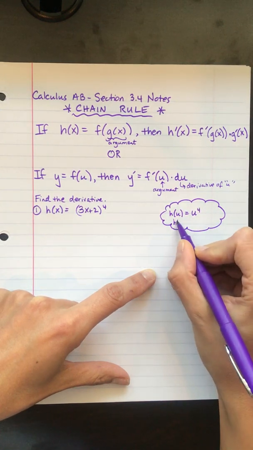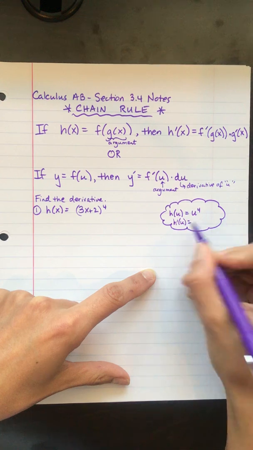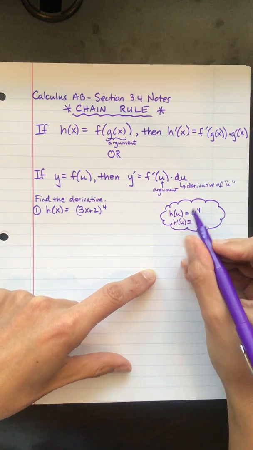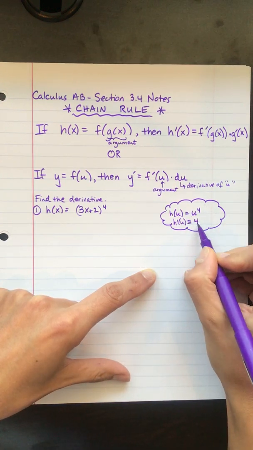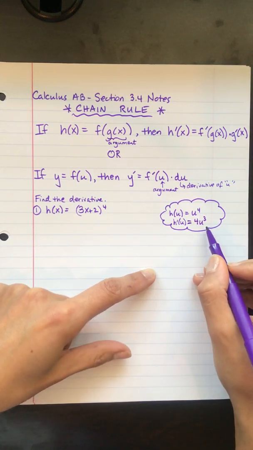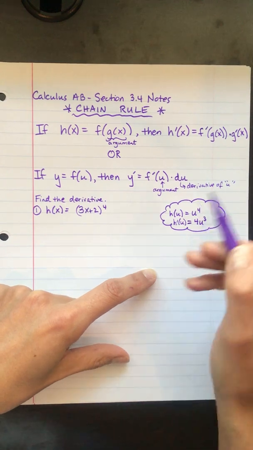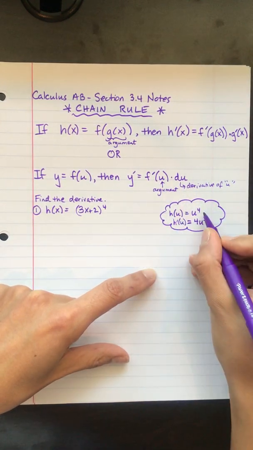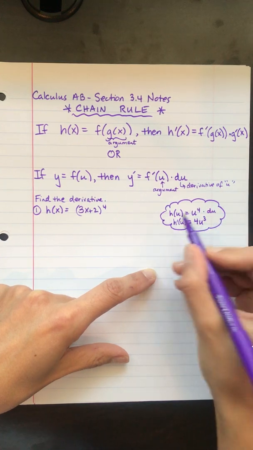Well, you would say that the derivative of h of u, you would do the power rule, bring 4 to the front, reduce the power to a 3, and say that's my derivative, and you would be correct. Except now, in chain rule, we have a times du, which means the derivative of u.